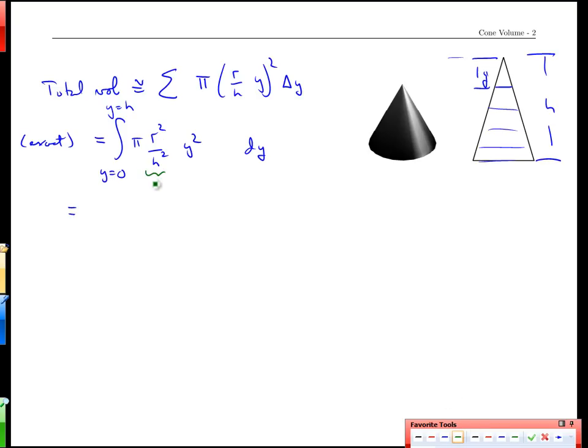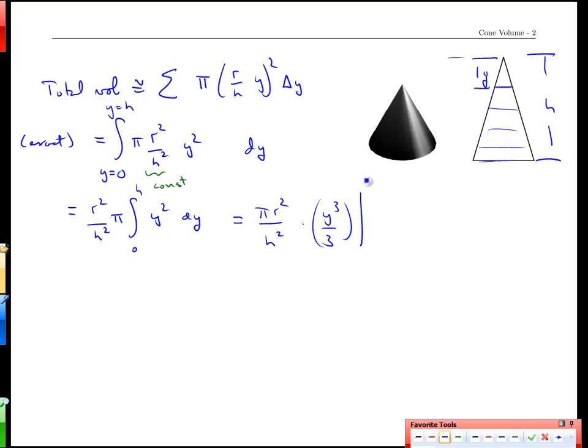We remember that r and h here are constants, so they can go out front, r squared over h squared. Pi is a constant too. So we just have the integral of y squared. What could be easier than that? We have pi r squared over h squared here, and the integral of y squared is y cubed over 3.